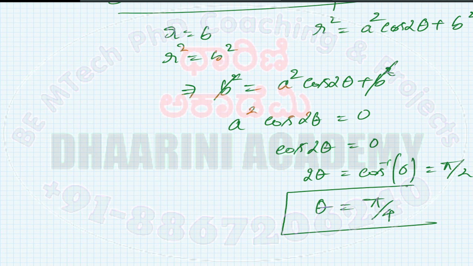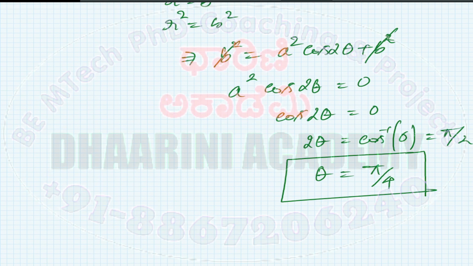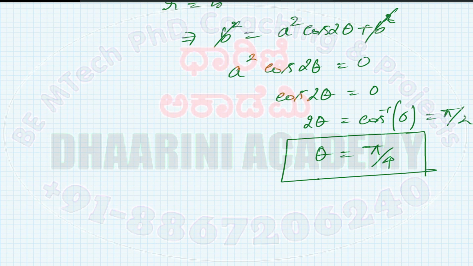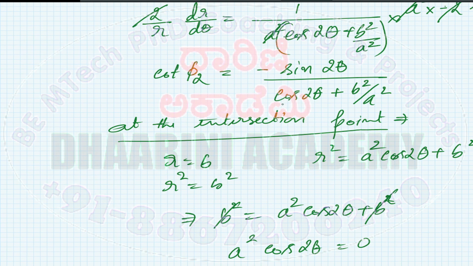So at theta equal to pi by 4, both the curves are intersecting. Now, first one, phi 1 I already know, I don't have to calculate that. Let's directly calculate the phi 2 value. We know that already we have calculated this. Cot phi 2 is equal to, let's just go back and check, this one.